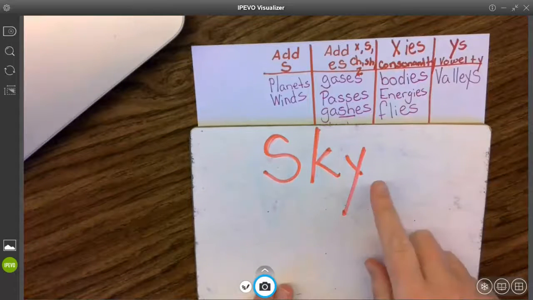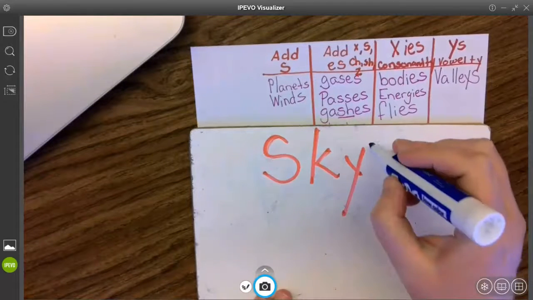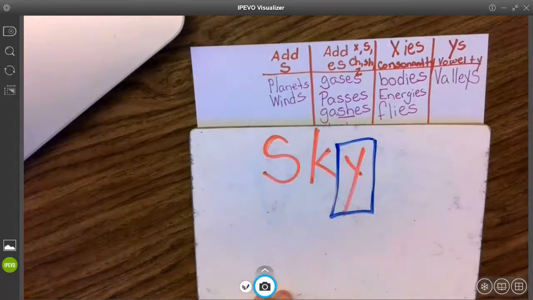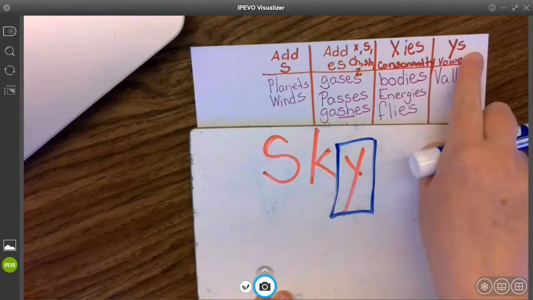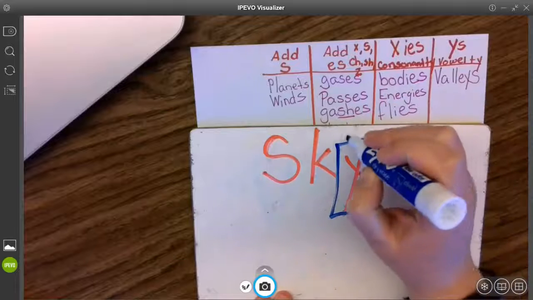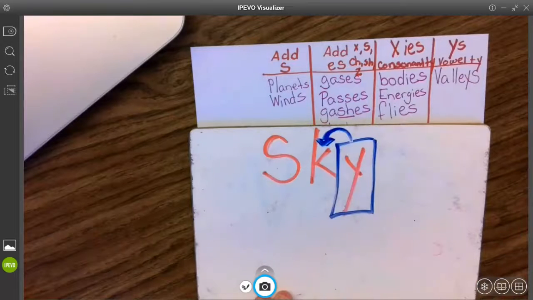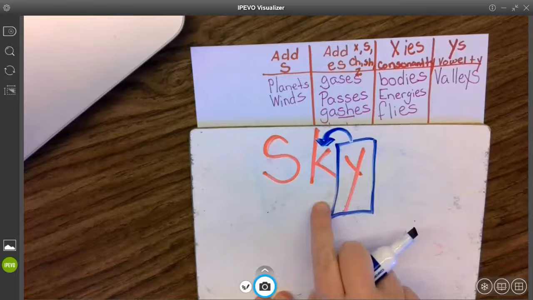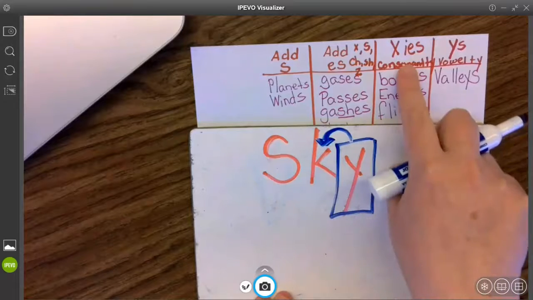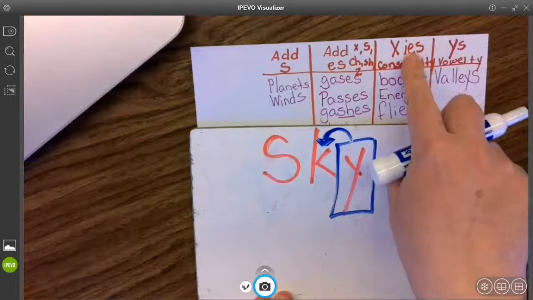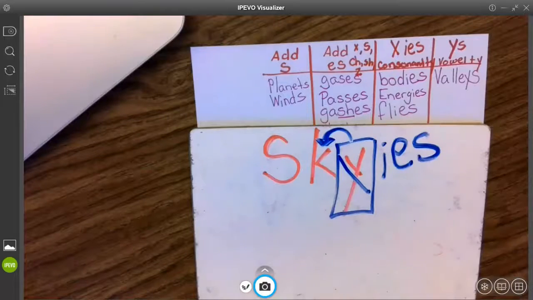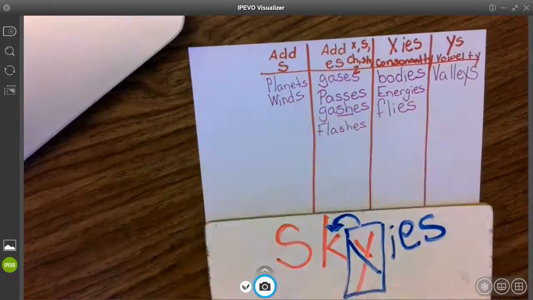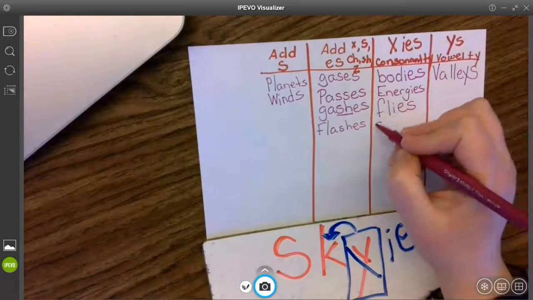So it ends in a Y. So we know we're either going to drop that Y and add IES, or we're just going to add an S to it. Let's look next door. It has a K. That's a consonant. So what happens? Consonant plus a Y, we drop that Y and we add IES for skies.